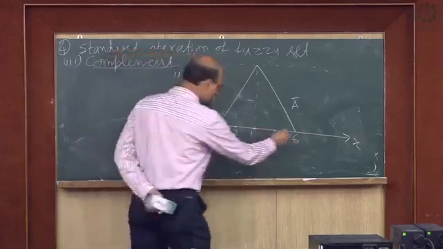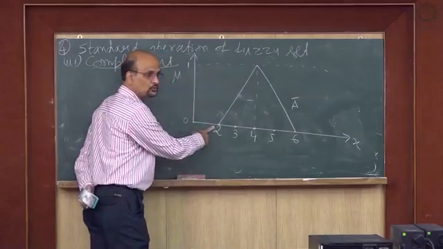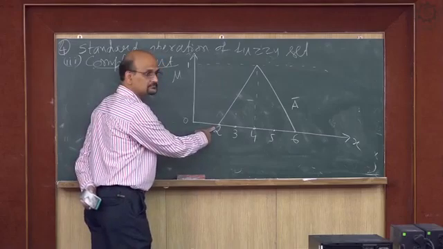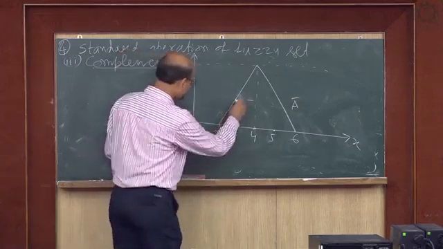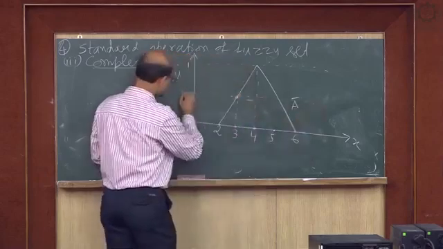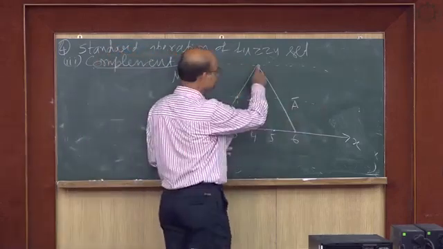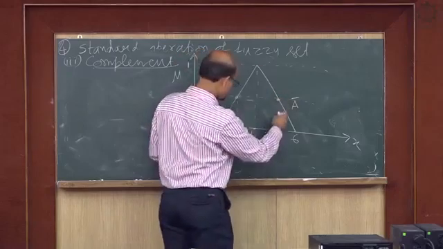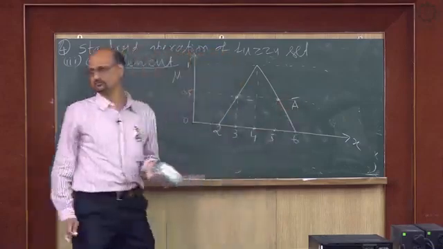So, as per this fuzzy set, what is the membership function for 2? 0, yes, sorry, 0. For 3, I can say that it is 0.5, more or less 0.5. For 4, it is 1. For 5, I can say this is 0.5, and for 6 again it is 0.